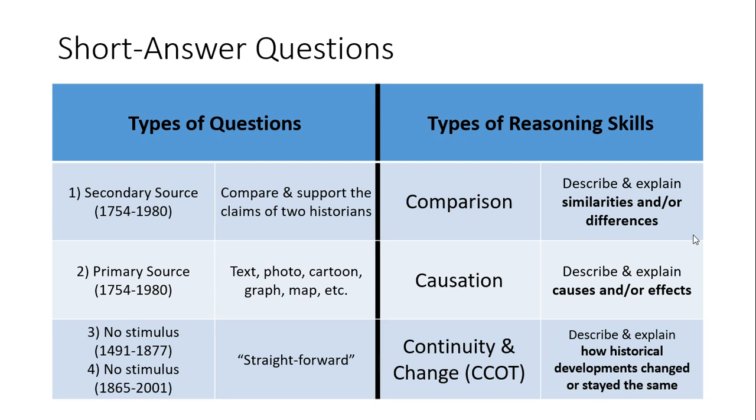Causation is asking you to describe and explain either the causes or the effects of a historical event or development, and often both the causes and effects. And then finally, continuity and change over time asks you to explore how developments or trends over a broader span of history either show continuity, similarity, or how they represent change, how things have changed.